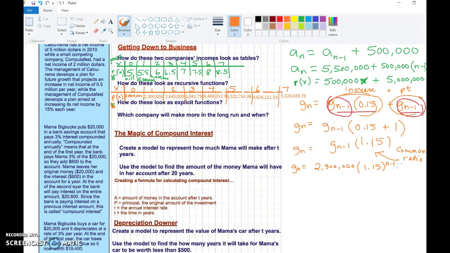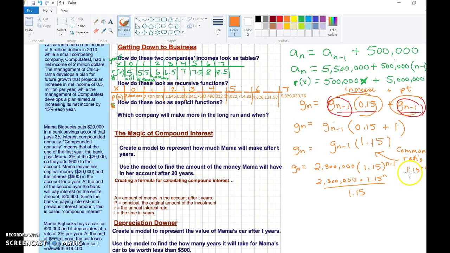All right? And then what I end up doing is I break up this 1.15 to the n minus 1 power, and that's really the same as, I'm going to keep this, 2,300,000 times 1.15 to the n power divided by 1.15, because 1.15 to the negative 1 power is just 1 over 1.15.